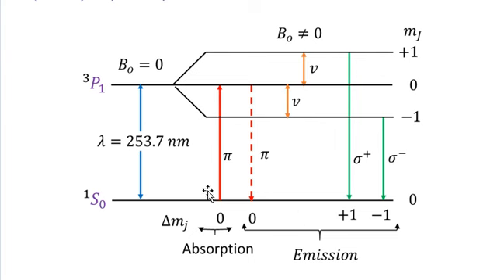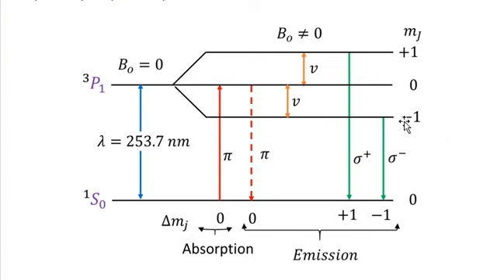But you know that the ground level, which has J equal to 0, will not be split under the application of the magnetic field B naught, because J equal to 0 means that only one value of mj is possible, which is mj equal to 0. Here I have indicated the mj equal to 0 level, which is the same original level of the 1S0 level.